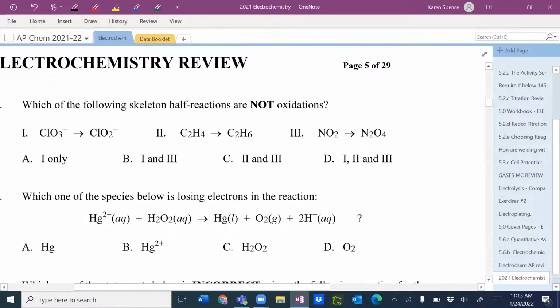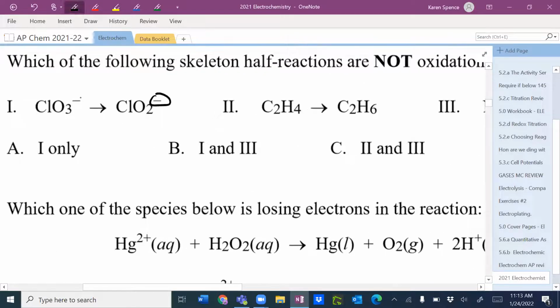Which of the following skeleton half reactions are not oxidations? So we are going from ClO3 to ClO2. Since the charges are remaining the same, we've actually lost oxygens. And if the charges remain the same and we don't have as many oxygens, that is not oxidation.